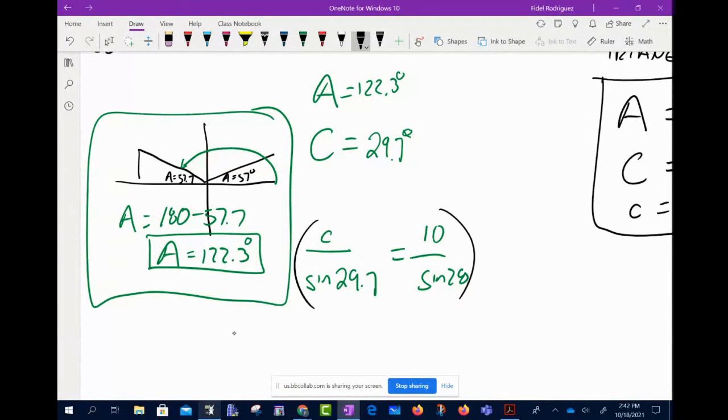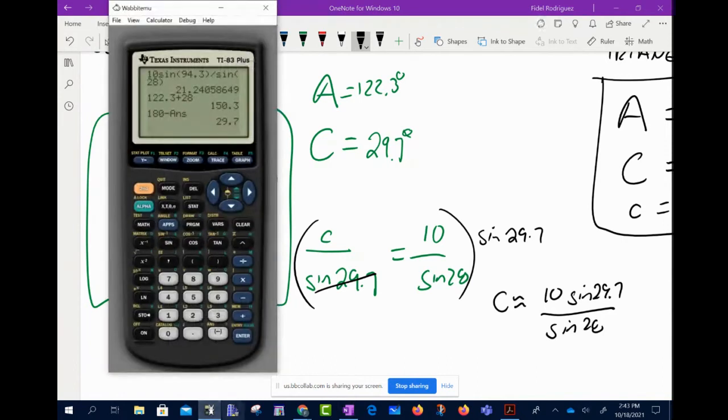Again, just like we did before, I'm going to multiply both sides by the sine of 29.7 so we can cancel those out. So this is 10 times the sine of 29.7 over the sine of 28. And so I'll do this again on my calculator.